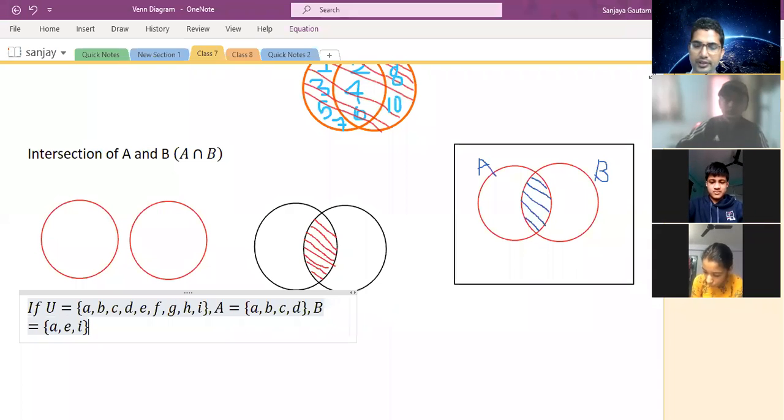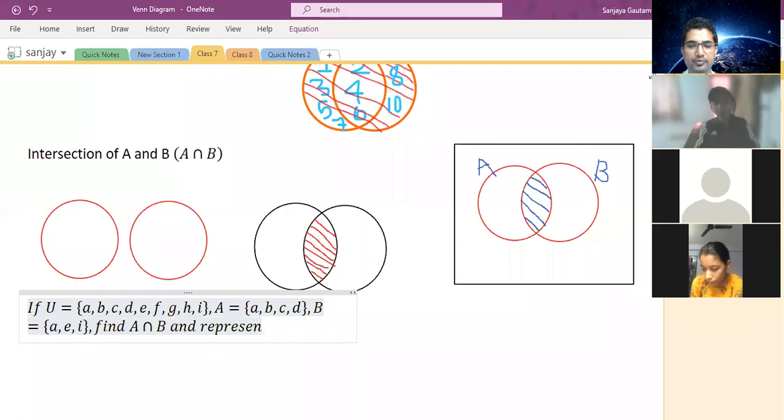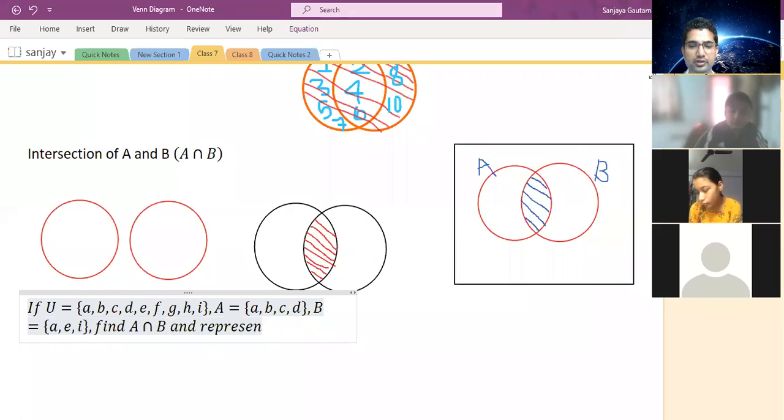Okay, then find A intersection B and represent it in a Venn diagram.